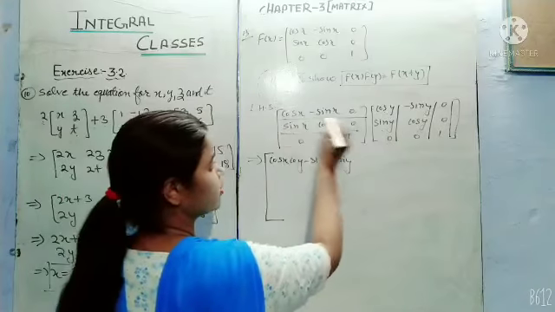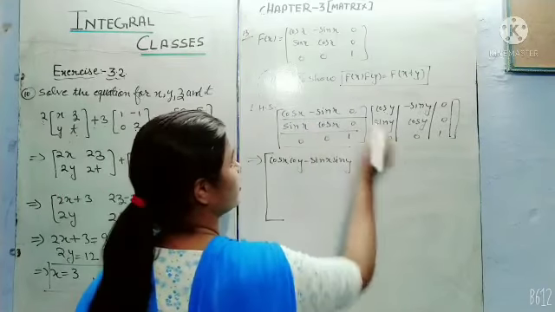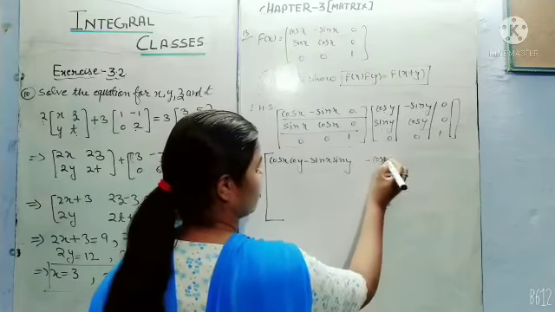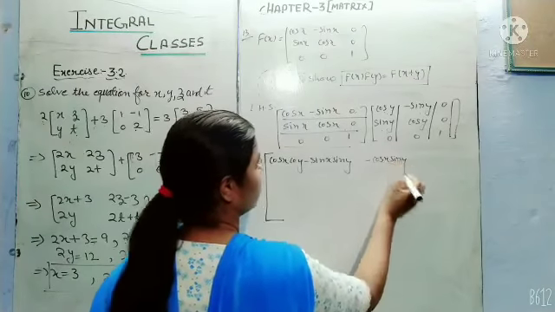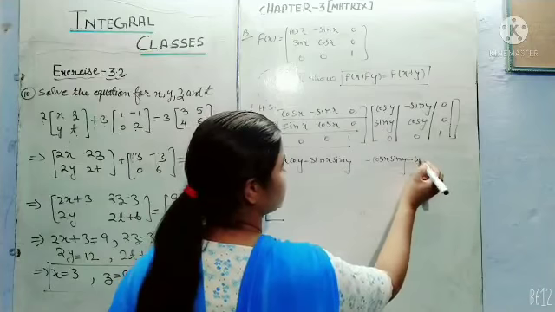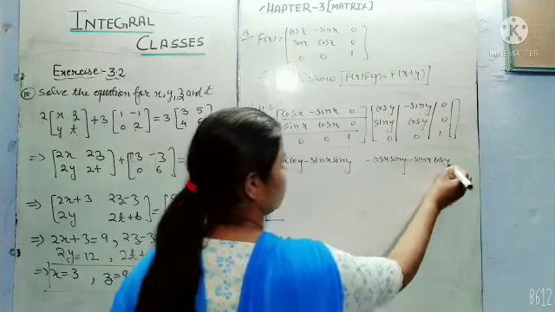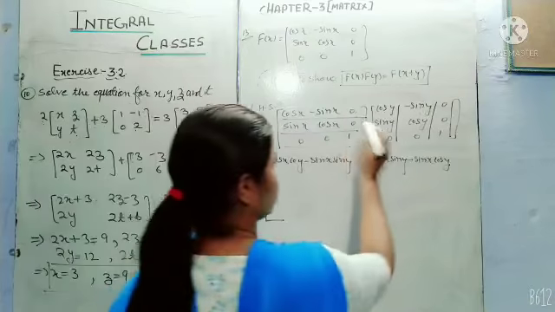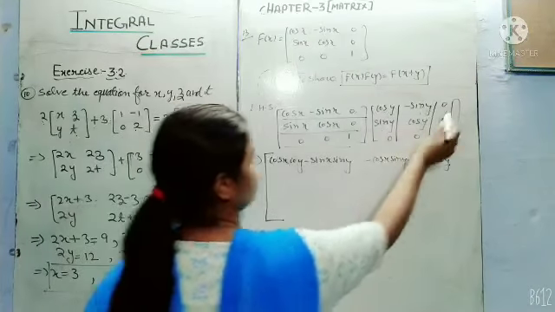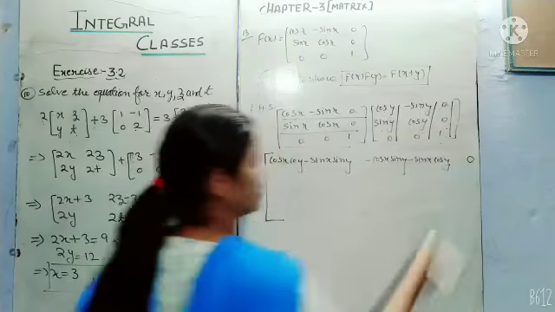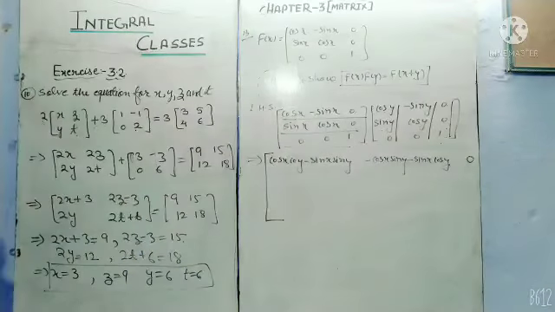Now second, again first row multiplied by the second column: minus cos x sin y and minus sin x cos y. Okay, here is 0. Now again it will be multiplied, then 0 0 0. So the third element is 0, and now the first row is completed.